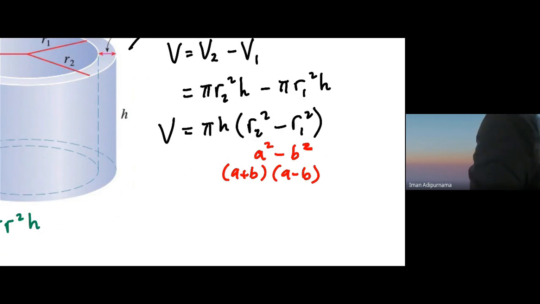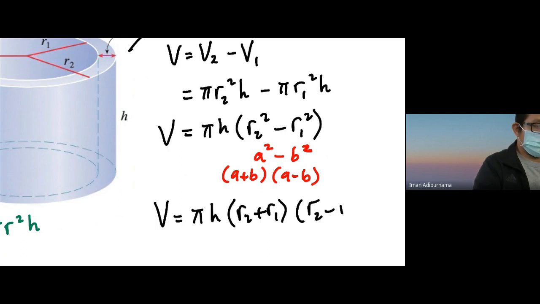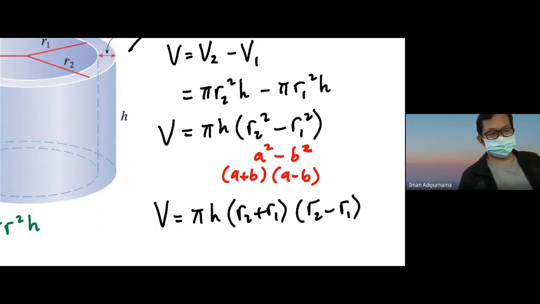Let's do the same thing with this radius. So we can write down our volume pi h and then r2 plus r1 and r2 minus r1.